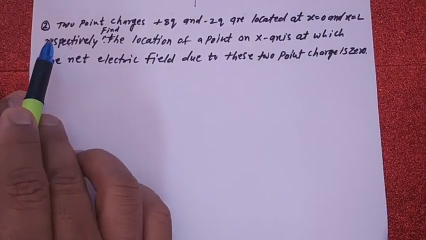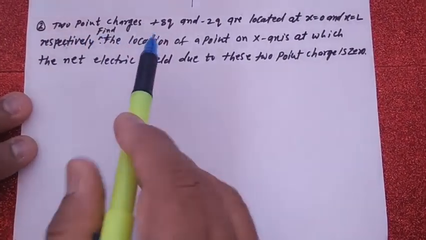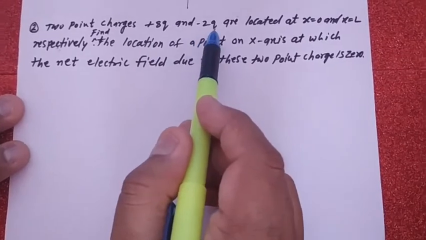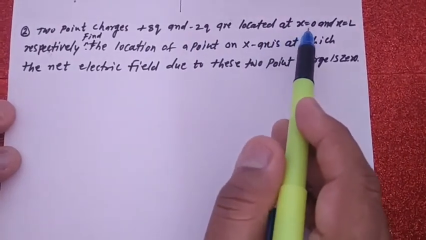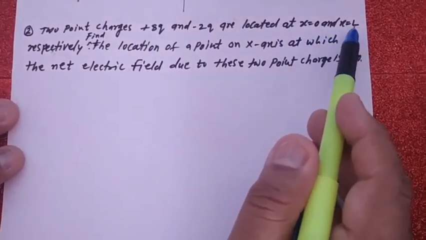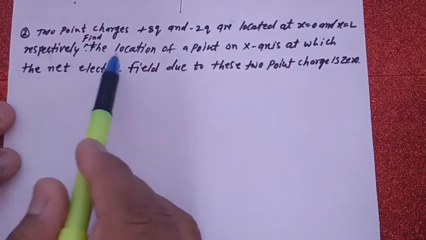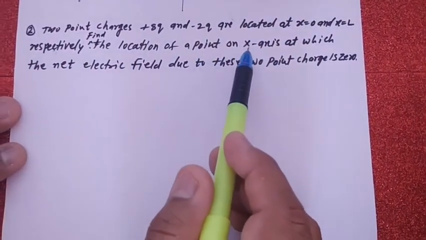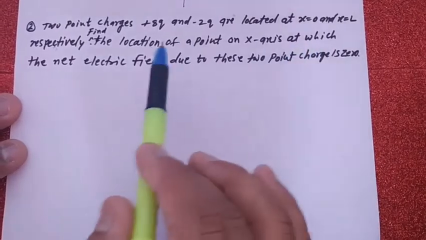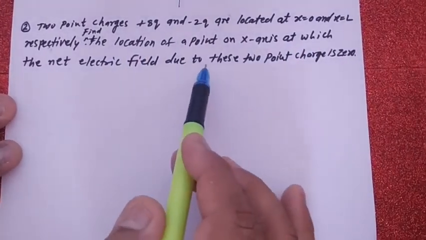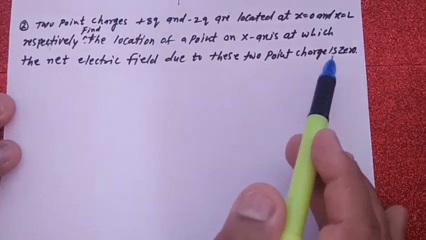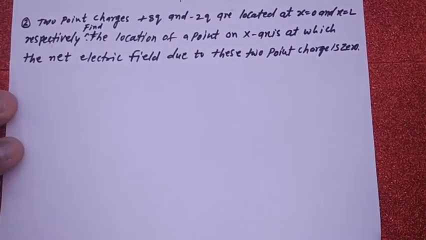Next, numerical number 2. Two point charges plus 8q and minus 2q are located at x equal to 0 and x equal to capital L respectively. Find the location of a point on the x-axis at which the net electric field due to these two point charges is 0.